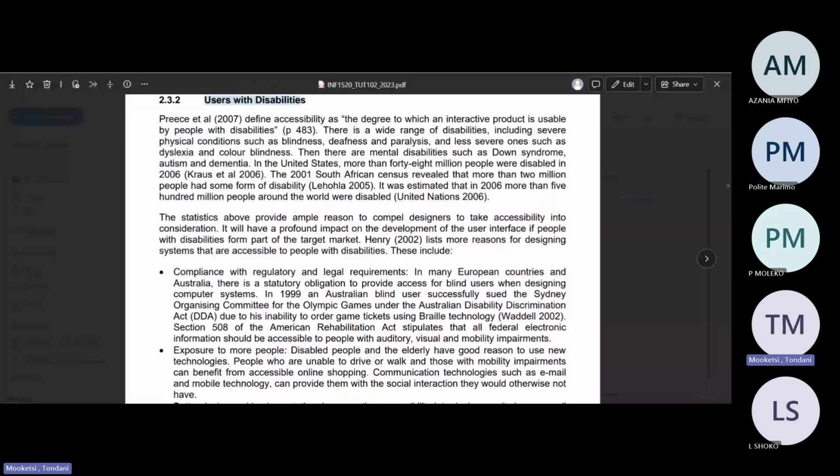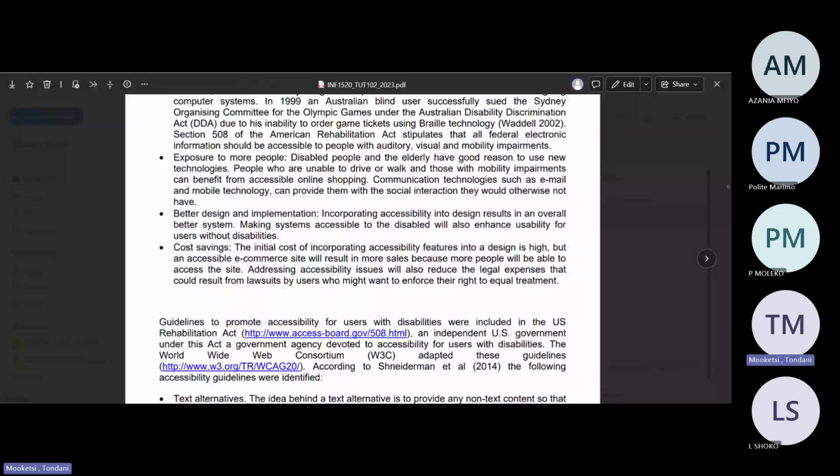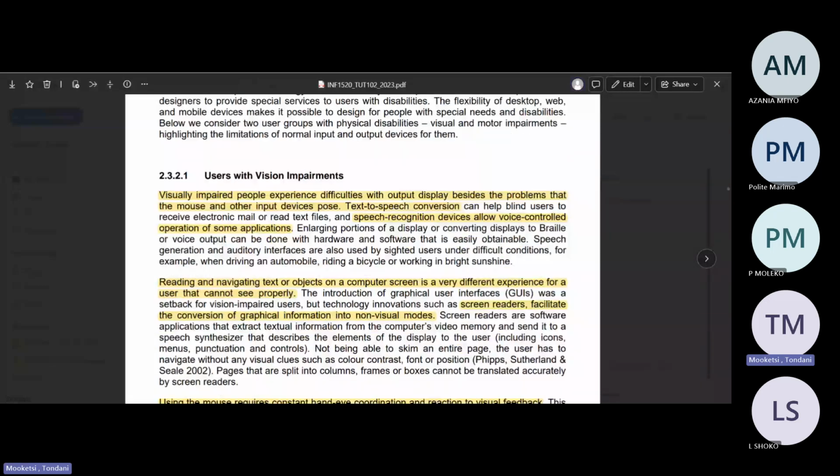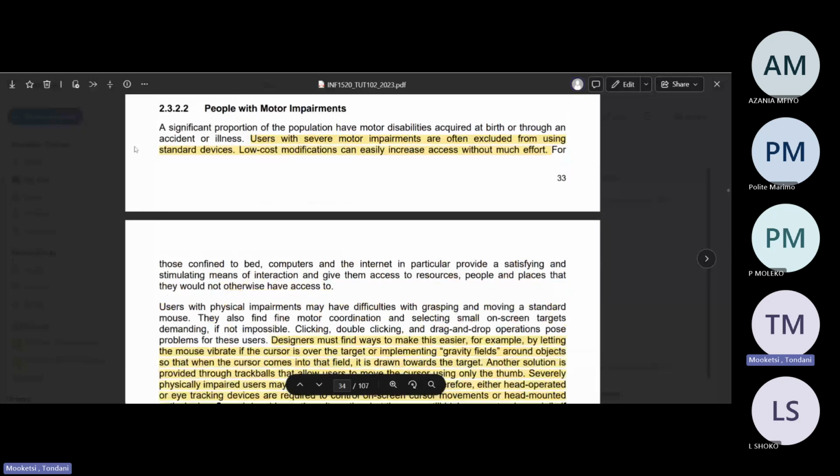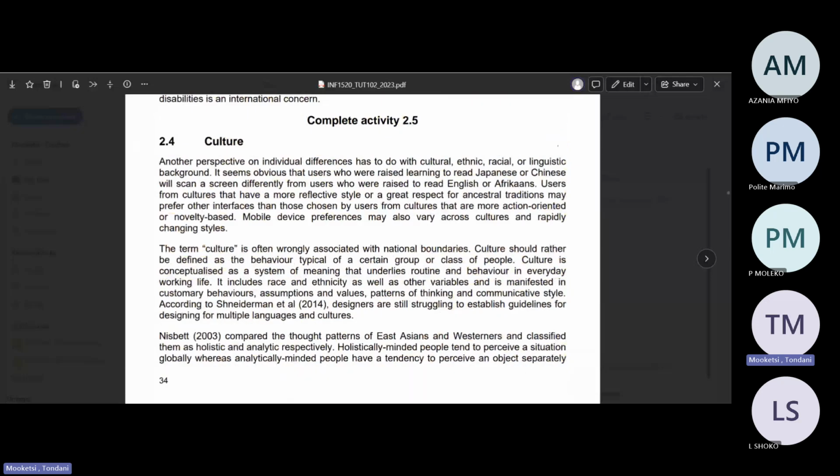So this section is also important. Then you will go to the section about users with vision impairment. They like to ask questions like this in the assignments and exams. People with motor impairments. And then 2.4, it's about culture.